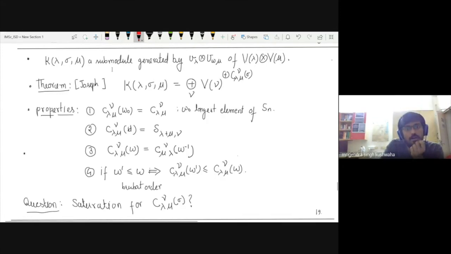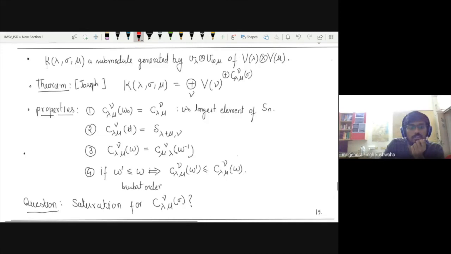There is a submodule of the full tensor product V lambda tensor V nu that is generated by v lambda tensor v w mu, where v lambda is the highest weight vector in the irreducible module capital V lambda, and this small v w mu is a nonzero vector in the one-dimensional weight space in V mu. Take this vector and generate the module.